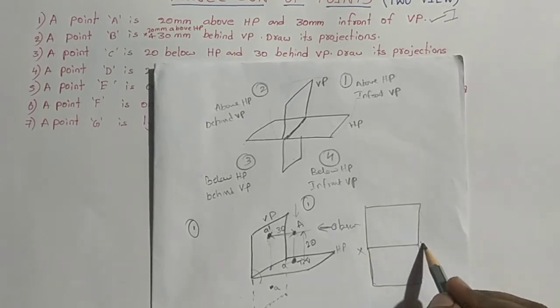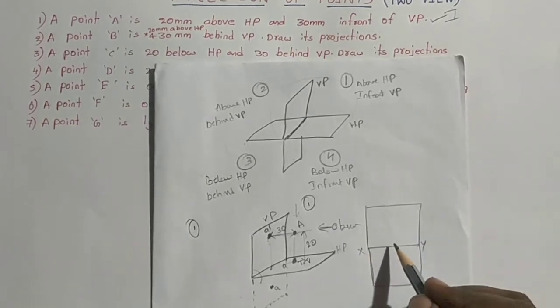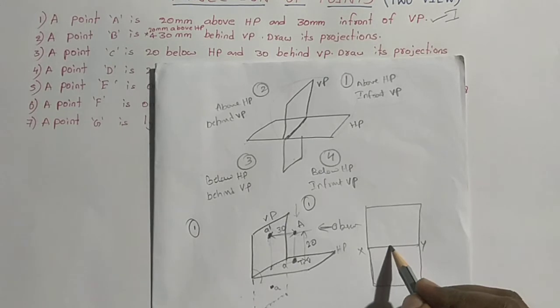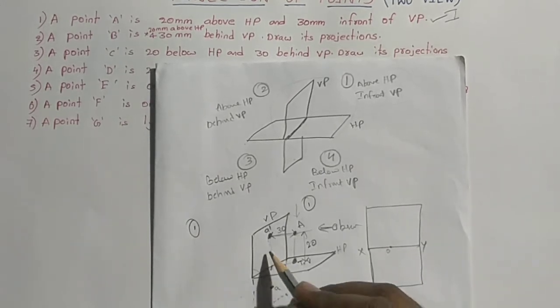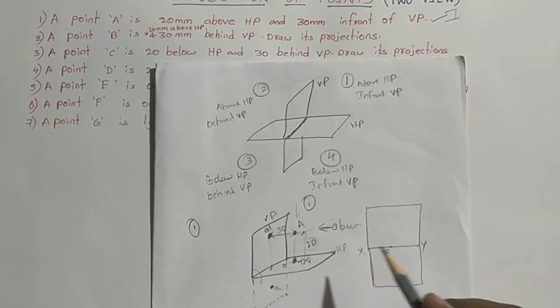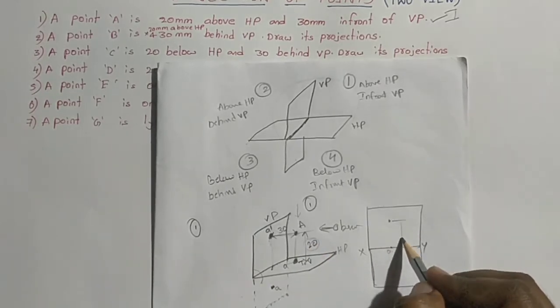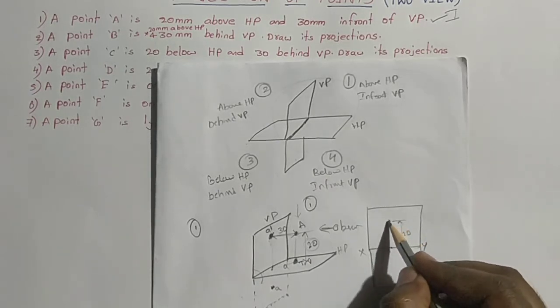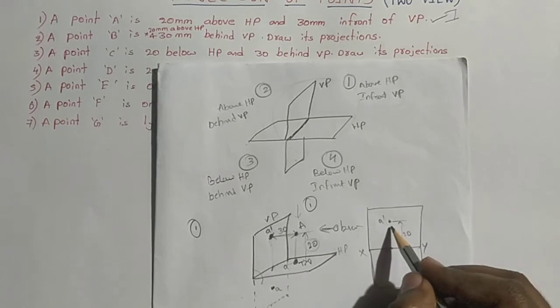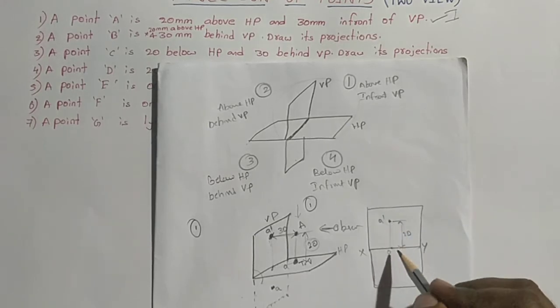It is XY. XY is nothing but a reference line. I'm taking any point on the reference line, it is considered as O. From this point to this point the distance is 20 mm. It is A dash. It is the projection line.